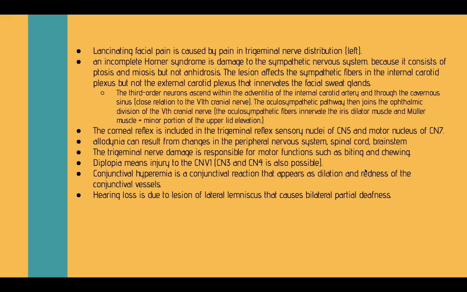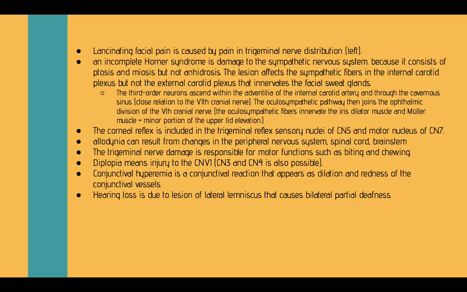And for question 4, the lancinating facial pain is caused by pain in the trigeminal nerve distribution on the left. And in the question, it shows that the patient has incomplete Horner syndrome.